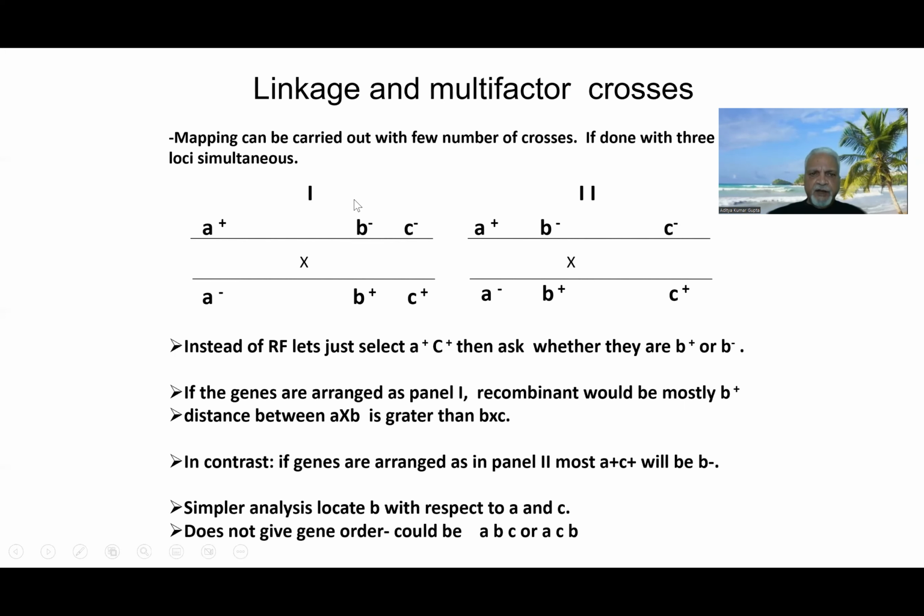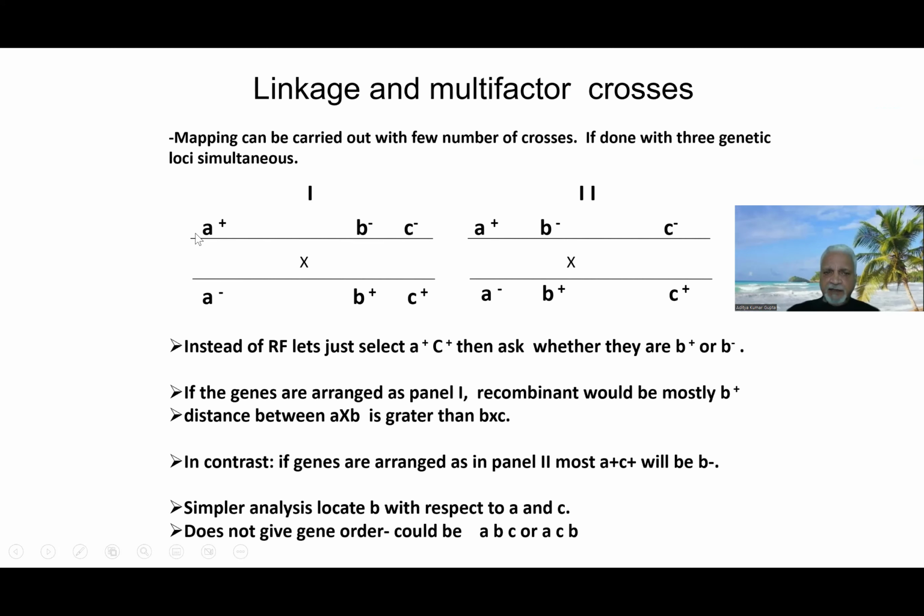For example, if you look at here, earlier we looked at A plus B minus C minus as one donor and the recipient A minus B plus C plus, and A plus B minus C minus and A minus B plus C plus. Again, these are the three traits we are looking at. ABC are nothing but the traits. You can have anything replacing ABC.